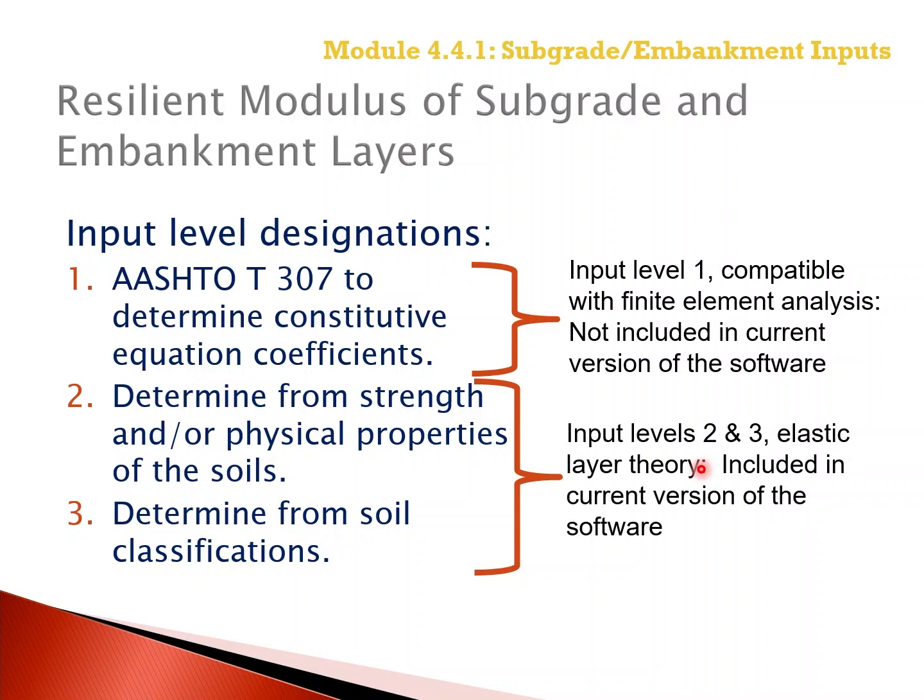And only input levels 2 and 3 are used. Input levels 2 and 3 rely on elastic layer theory, which is included in the current version of the software itself.